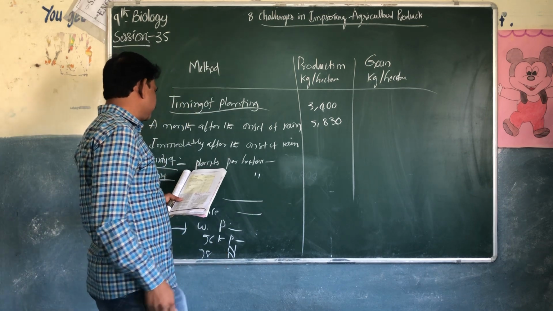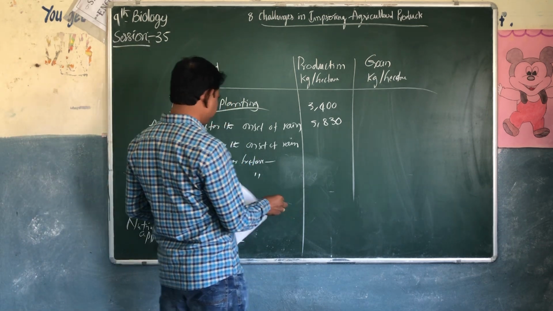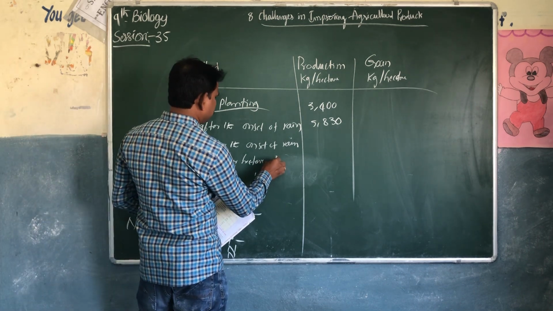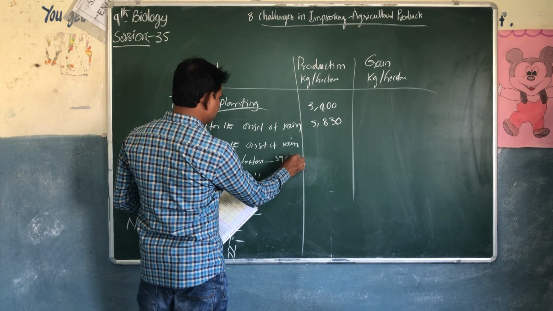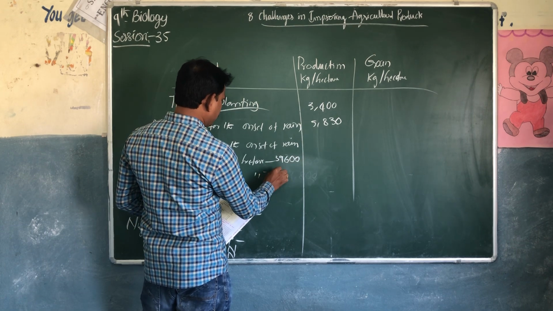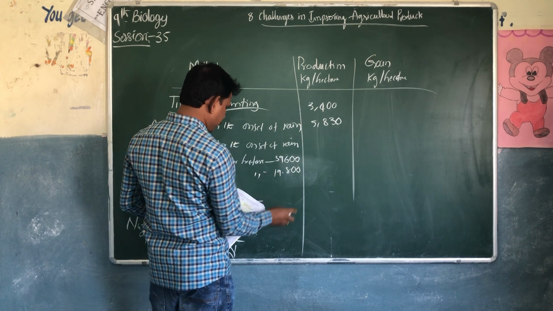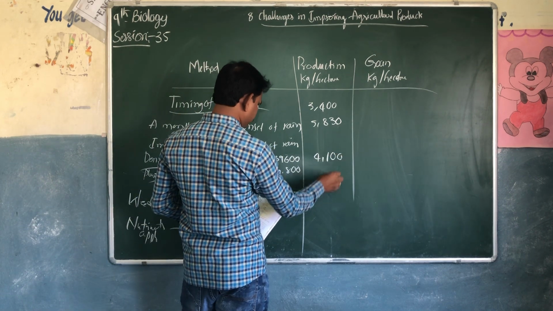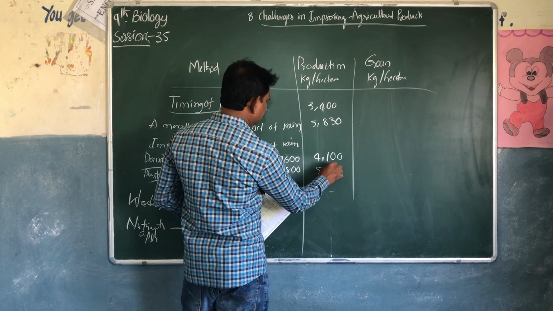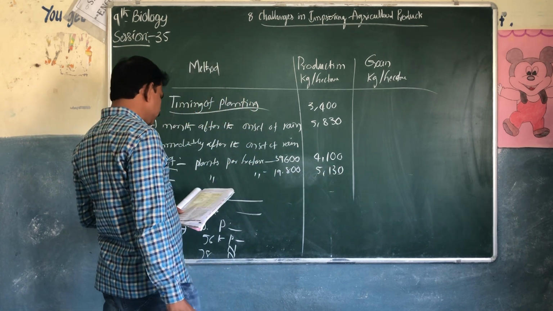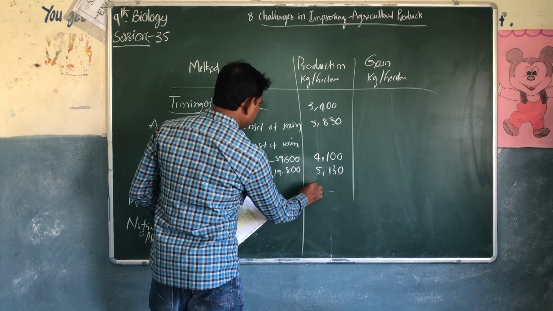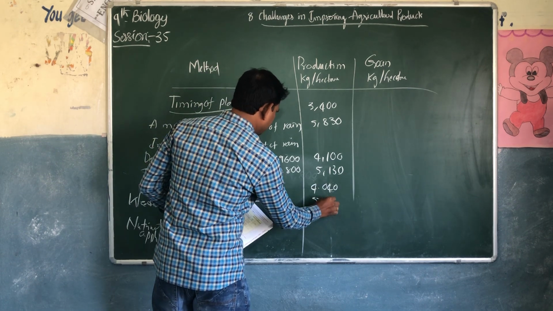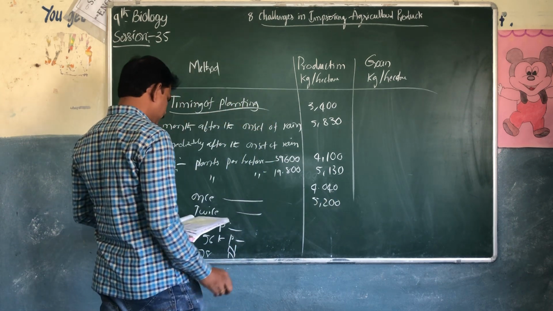Density of plants 39,600 gives 4,100, and 19,800 gives 5,130. Weeding once gives 4,040, twice gives 5,200.